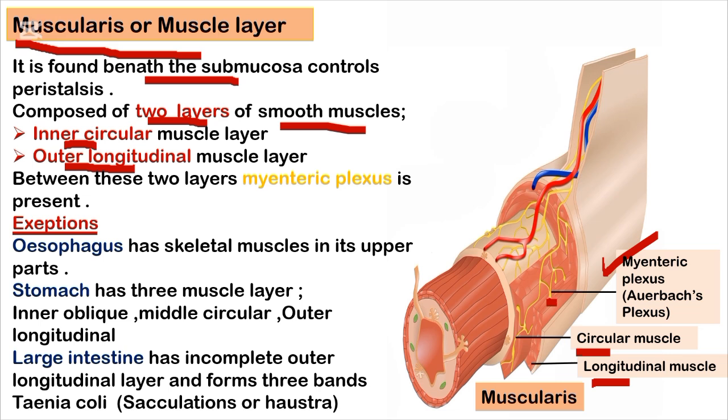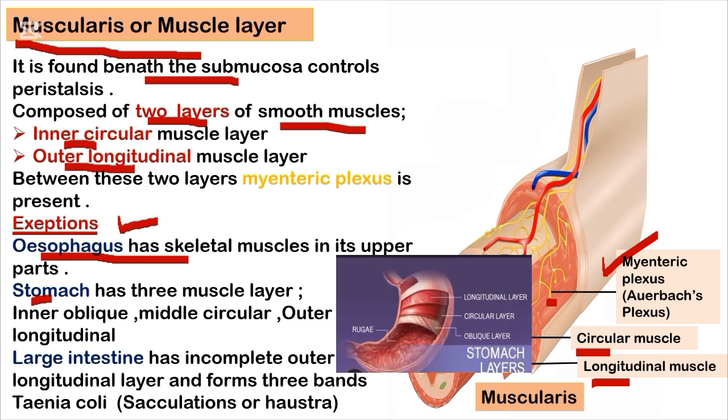And there are some exceptions regarding the muscularis or muscle layer. The esophagus contains skeletal muscle in its upper parts instead of smooth muscle like other organs. The stomach has three muscle layers instead of two like other organs, and these muscle layers are the inner oblique muscle layer, middle circular muscle layer, and outer longitudinal muscle layer.